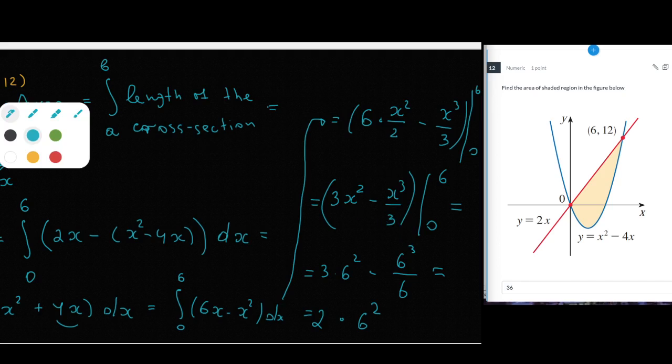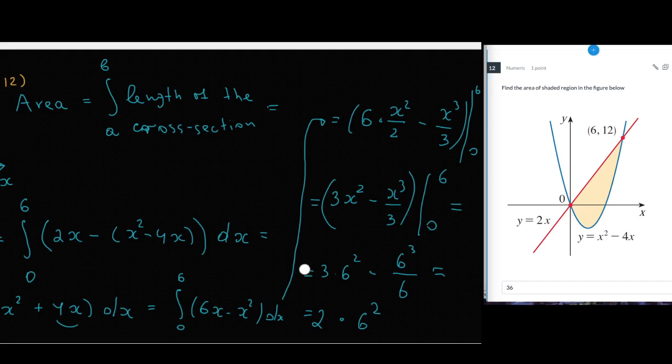So when I subtract, I will have to subtract 6 cubed divided by 3, not 6. So I'll actually get 3 times 6 squared minus 2 times 6 squared. And so it's just 6 squared, which is 36, and that is our answer here, 36.